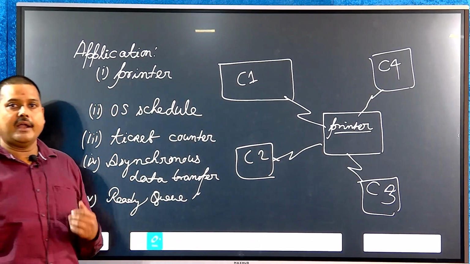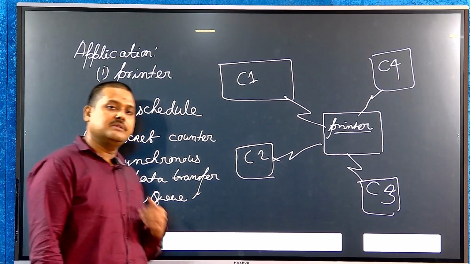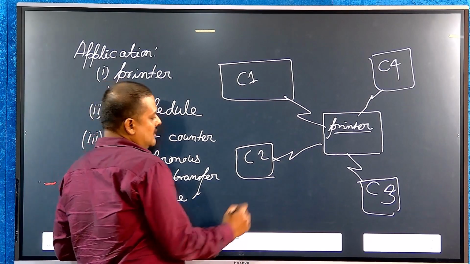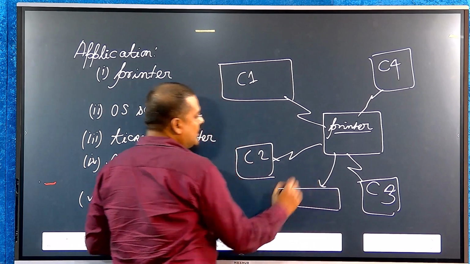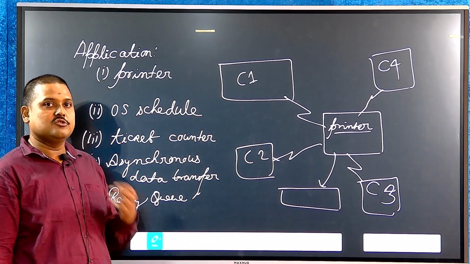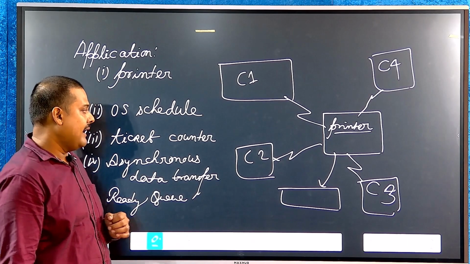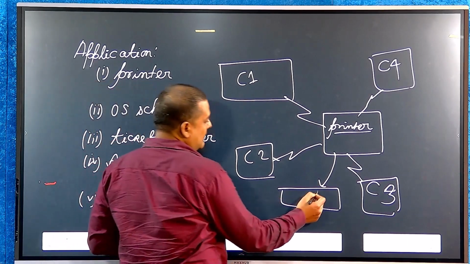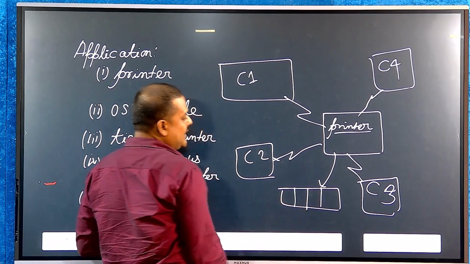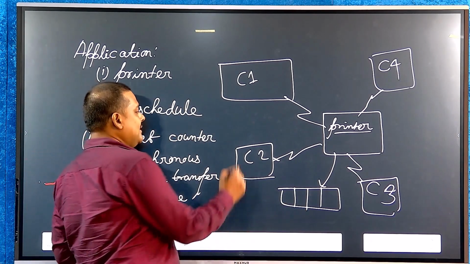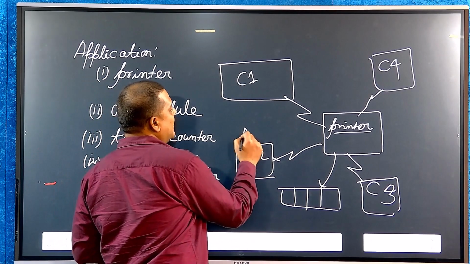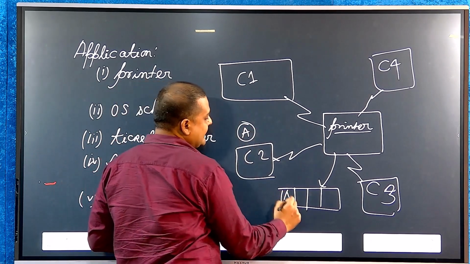When they try to print some job, these jobs will be stored in a particular storage place, which is an array. The tasks to be printed are handled as per their arrival. Say C1 is trying to print a document named A, so A is inserted first.